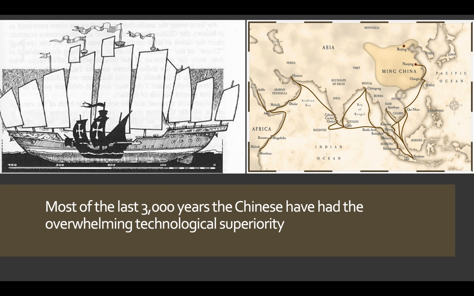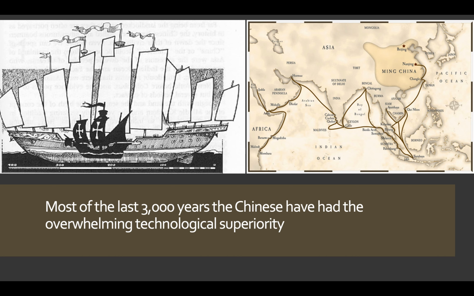Because for most of the last 3,000 years, the Chinese have had overwhelming military superiority, overwhelming technological superiority, far greater than anything out of Europe, greater than the Ottomans, Indians.